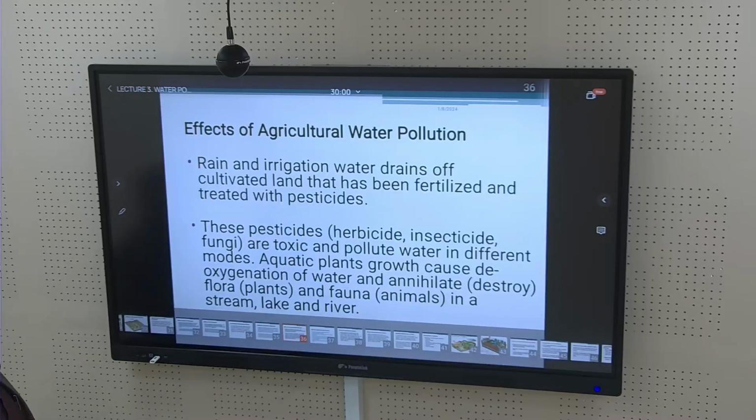So let's see the effect of agricultural water pollution. Rain and irrigation water drains off cultivated land that has been fertilized and treated with pesticides. These pesticides are toxic and can pollute water in different ways.